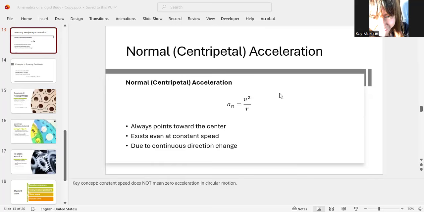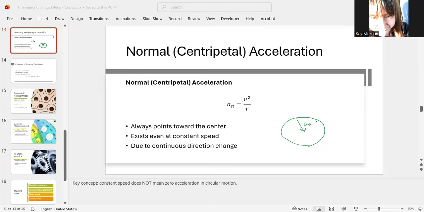So let's draw that. Here you have a circular path, like that. This is a circular motion, rotation, of course, drawing in 2D, and a normal acceleration. We usually put a little n, and tangential for little t.